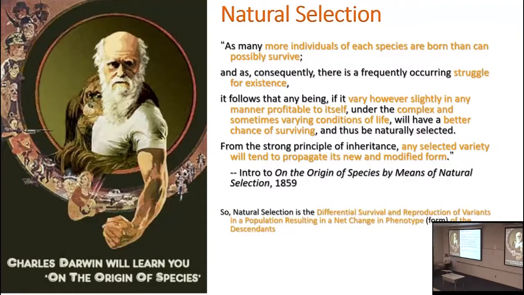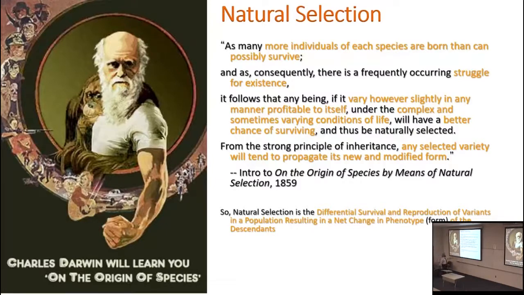So here's a rephrasing of this in sort of a more 20th century form. Natural selection is the differential survival and reproduction of variants in a population resulting in a net change of phenotype, that is form, of the descendants.